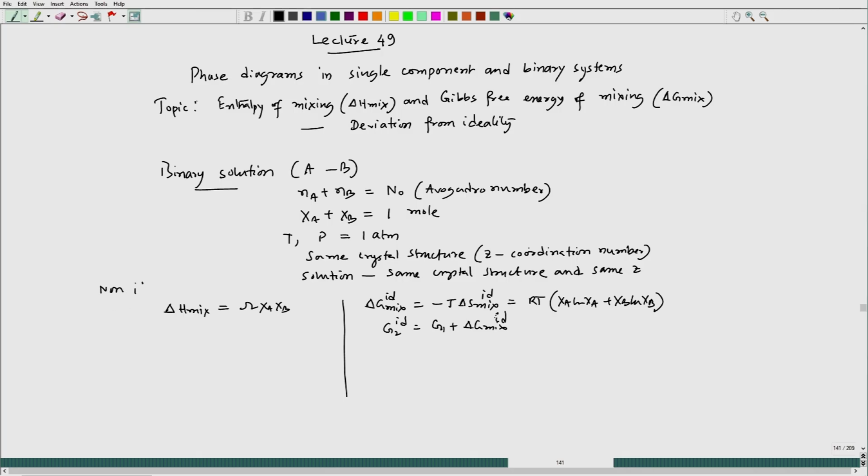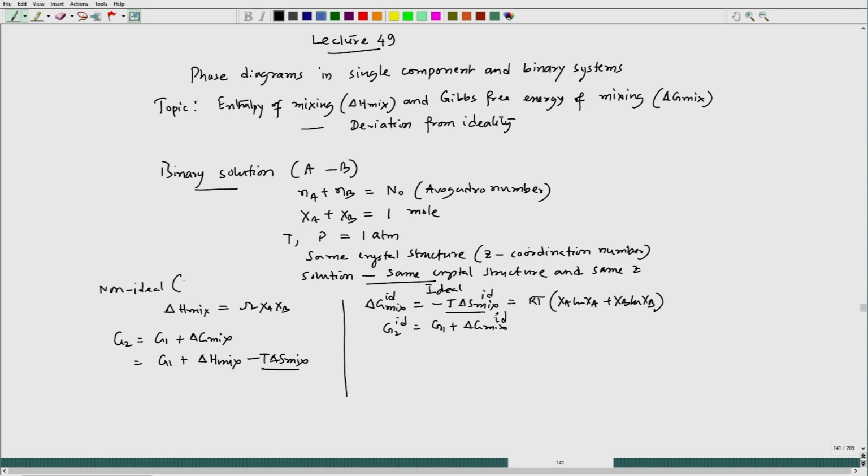This one is non-ideal and this one is ideal, that is the condition we are taking, and here G2 equals G1 plus delta Gmix. In fact, this quantity and this quantity are the same, because there will be no vibrational entropy contribution or any other entropy contribution other than configurational, whether we consider non-ideal or ideal.